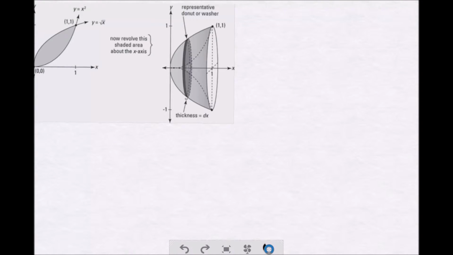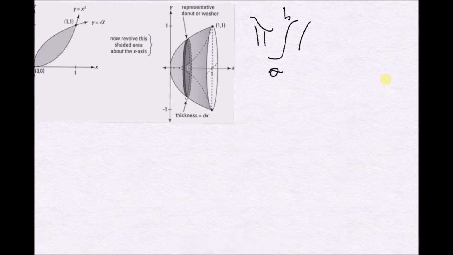Now that we've shown you the generic formula, here's a pretty easy problem that we can show you as a quick example of how to do the washer method. So we're going to write out our generic formula, and we can see that we have two different r's, and we have pi times the integral of big R squared minus little r squared.